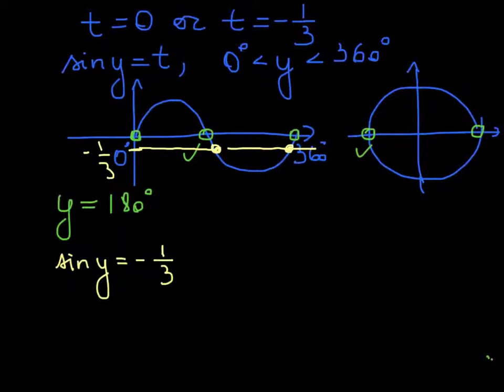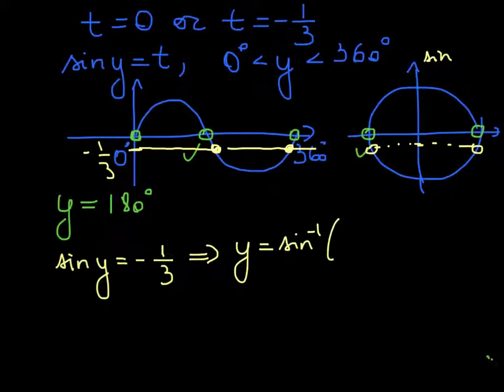Okay? On my unit circle, this is sine, so minus a third. So I have 2 angles, one is here, one is here. Now in order to start with something, we'll press y equals sine minus 1 of minus a third, and my calculator gives y equals negative 19.5 degrees.